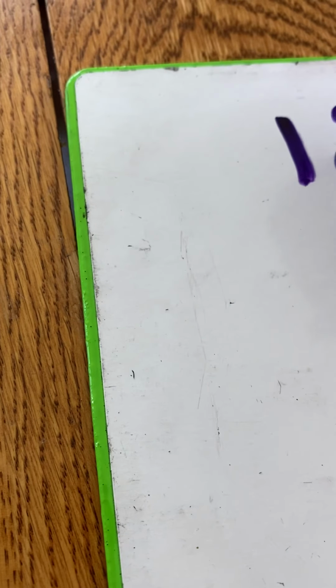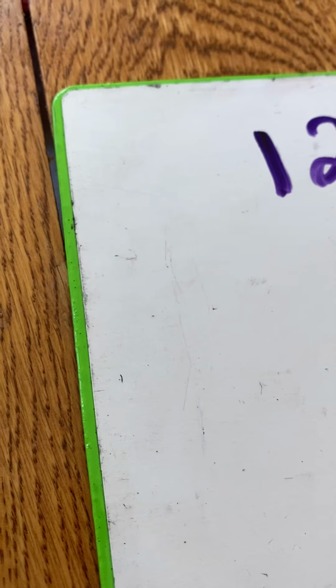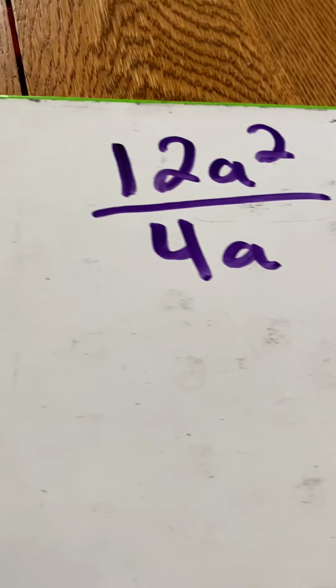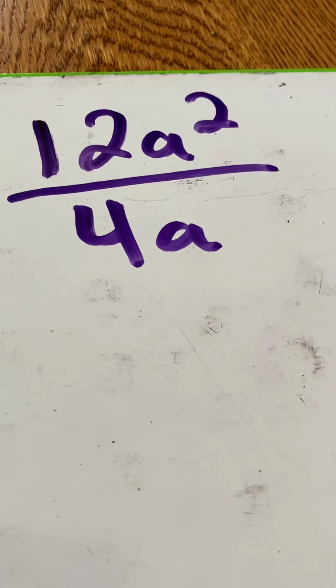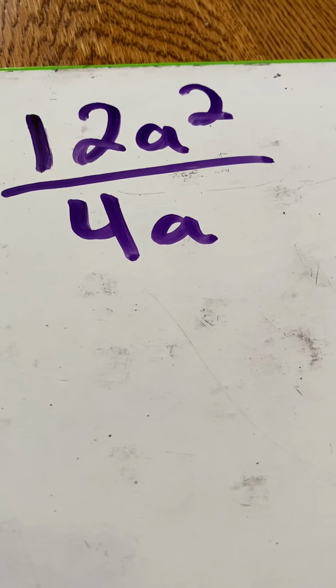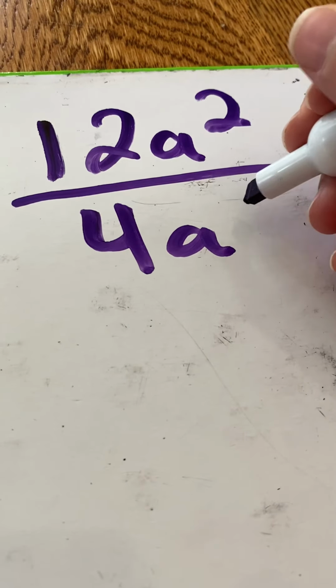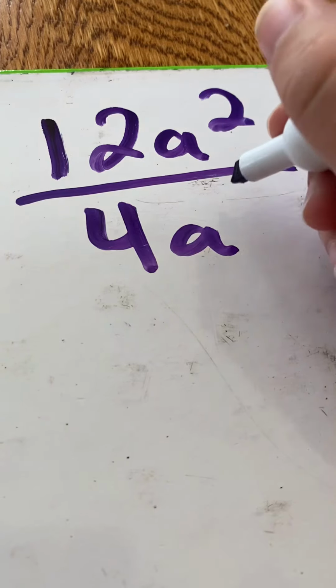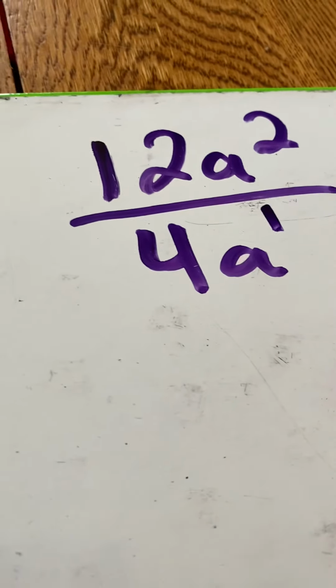So the first example we have is 12a squared over 4a. Since there is no exponent on the a in the denominator, remember from our rules that this essentially just means that there's a 1 here, so I'm going to put that there.